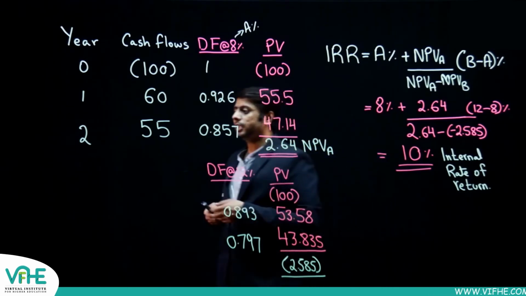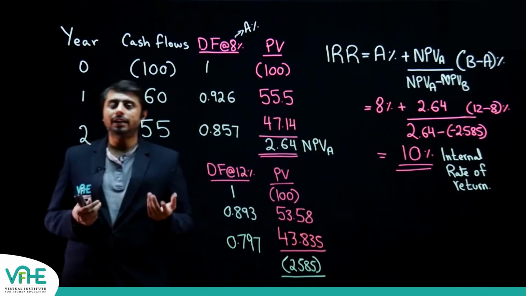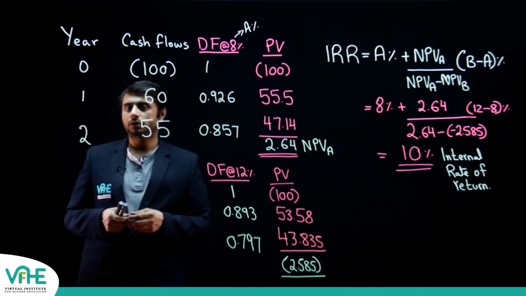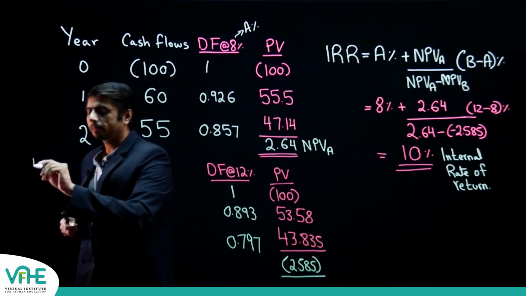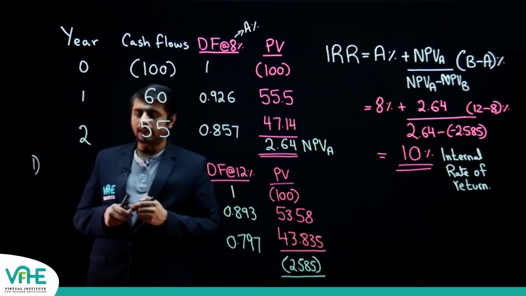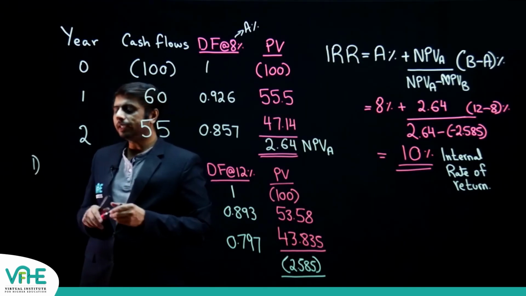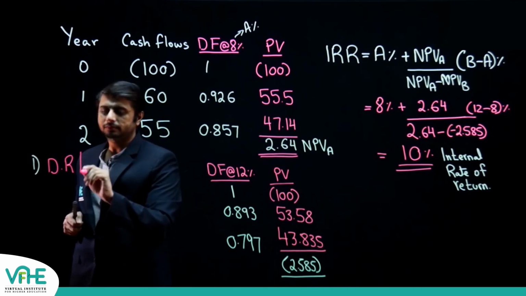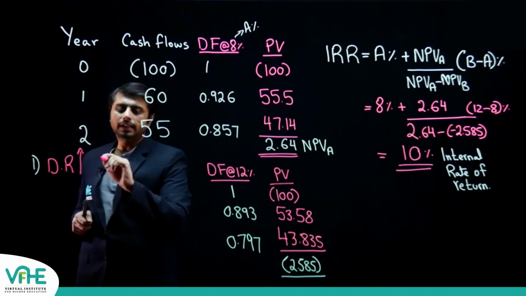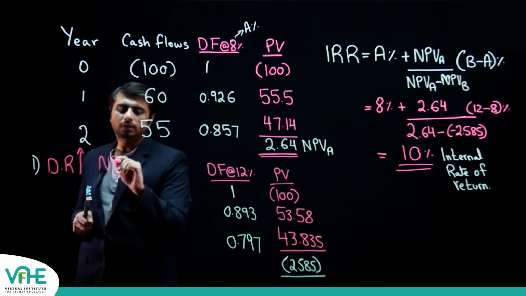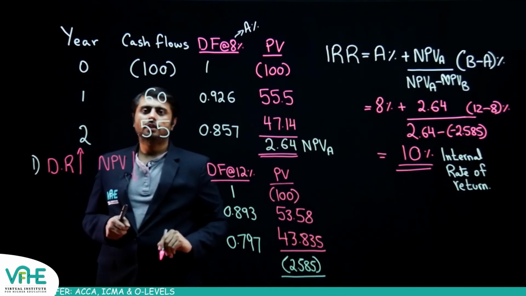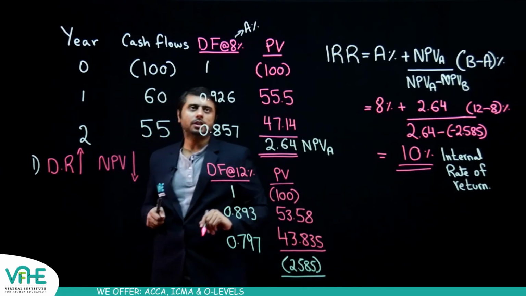There are two properties about discounting and the internal rate of return which I would like to share with you. The first one is that if the discounting rate is increased, the net present value amount or the NPV decreases. And this has been observed over here.